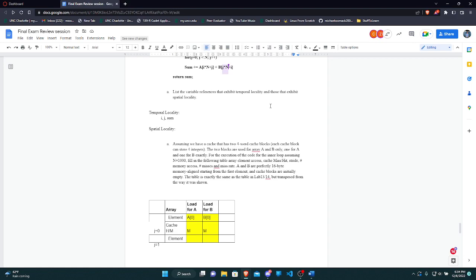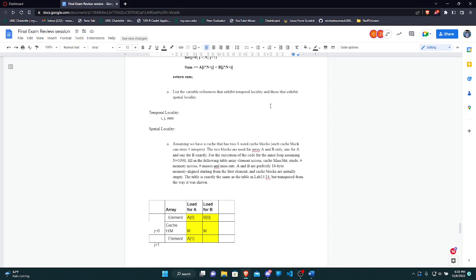So for A, J is going to be iterated by 1. A of J is changed by 1. And because we missed on A of 0, it loads in A of 1, A of 2, A of 3 to fill out the cache block. So this one's going to be a hit.